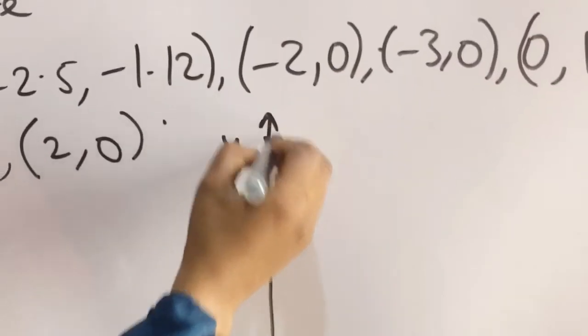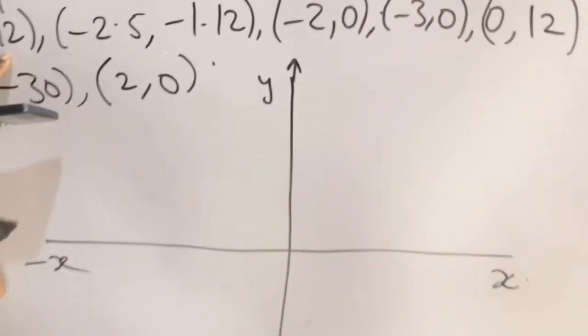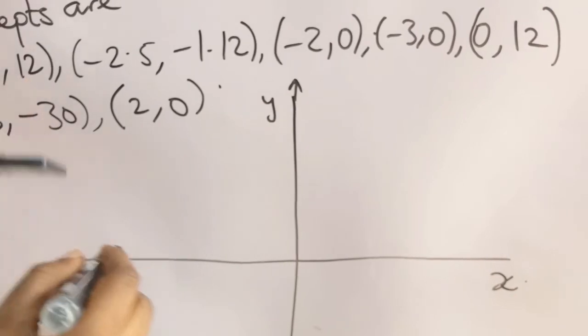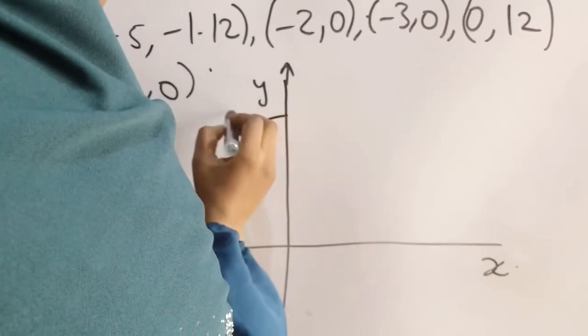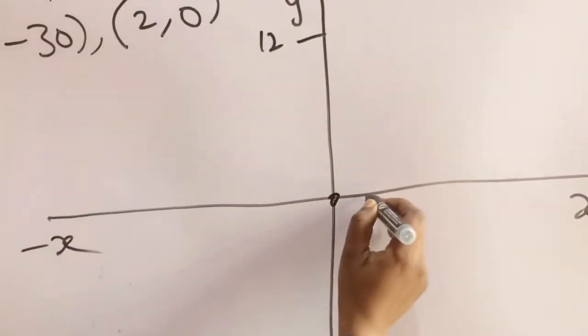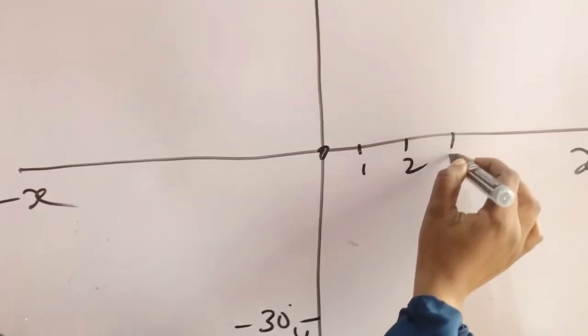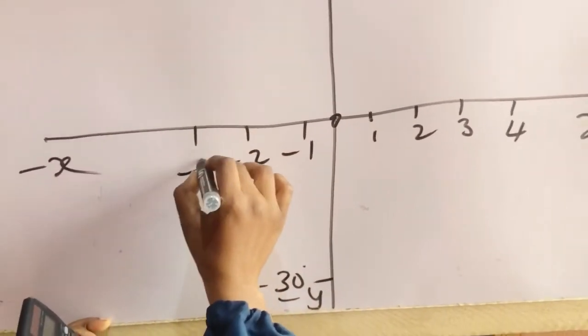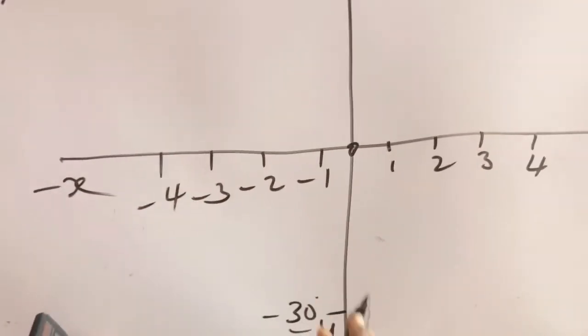Positive x, negative y, positive y. So the highest value of y is 12. So let's take 12 here, and the lowest one is minus 30. So 0, 1, 2, 3, 4, minus 1, minus 2, minus 3, minus 4.